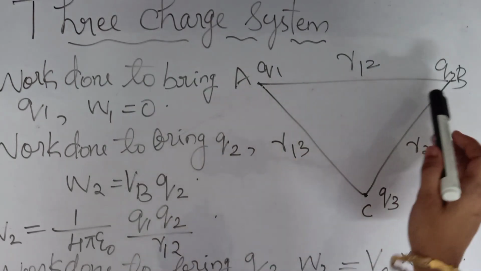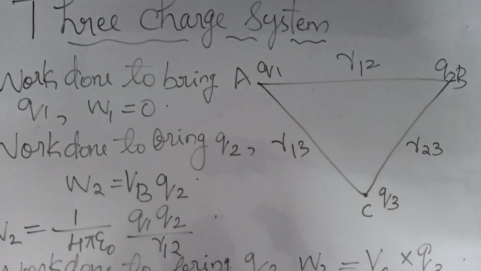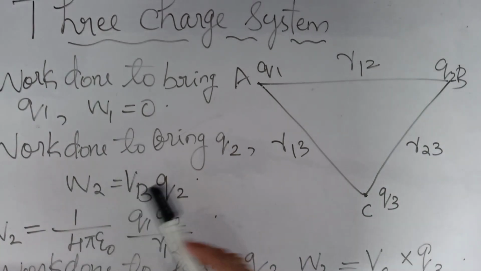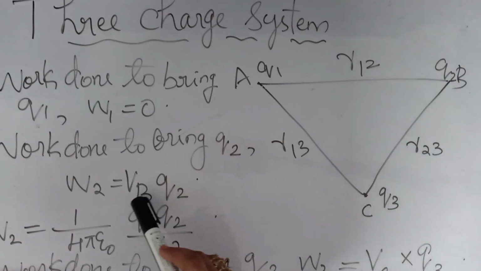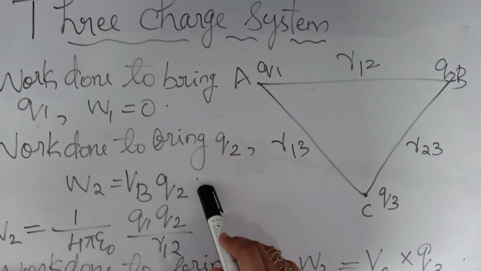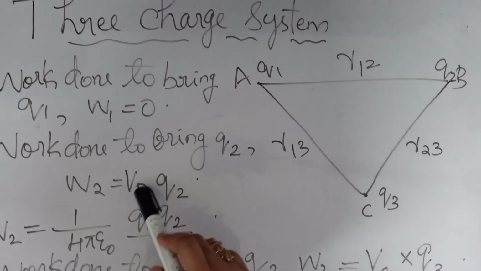Then now we have to bring Q2 charge from infinity to B. So how we will find? Work done W is equal to V into Q, that equation we are using here. So VB into Q2, that the charge is Q2. So what is VB?